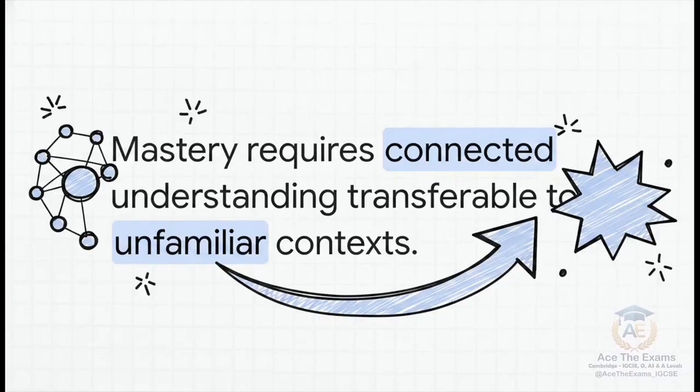And here is exactly why. What you're looking at is a direct mandate from the Cambridge syllabus itself. It clearly states that mastery requires a connected, conceptual understanding transferable to unfamiliar contexts. Think about what that actually means. Cambridge is explicitly telling you that they are not just testing your memory.